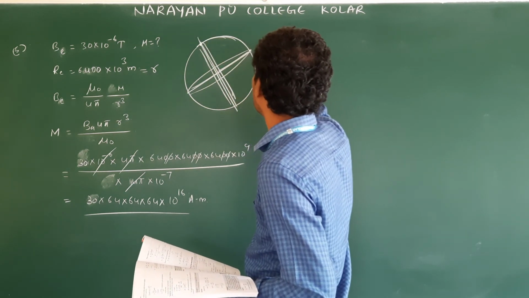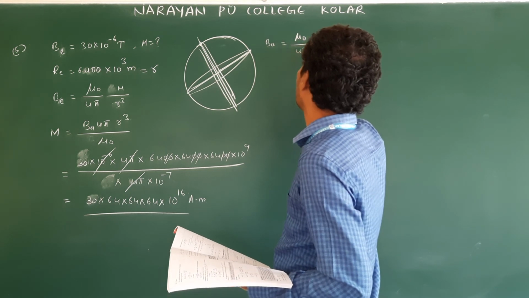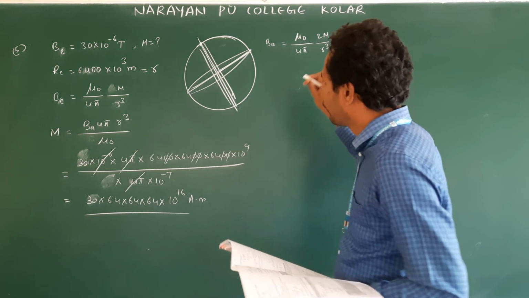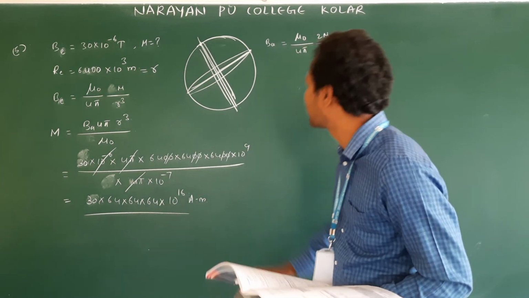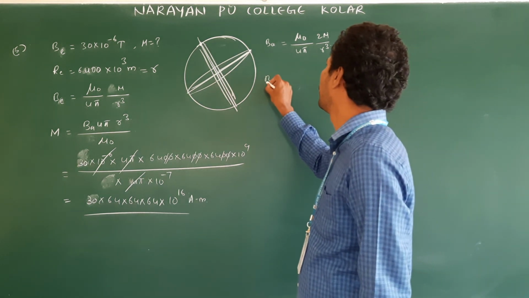BA they are asking. BA is equal to mu naught by 4 pi into 2m by r cube. M we will get from the earlier result.